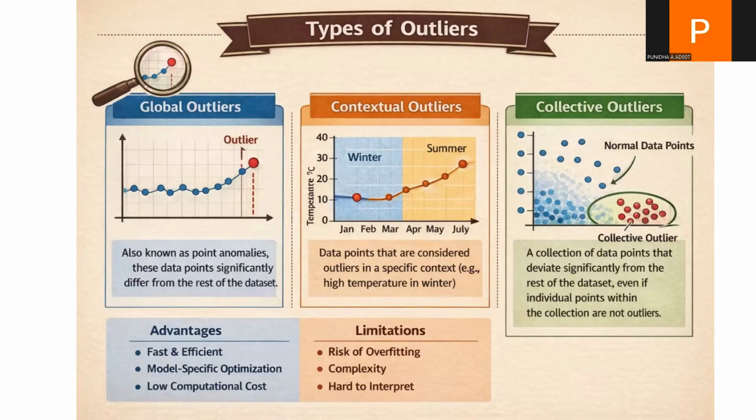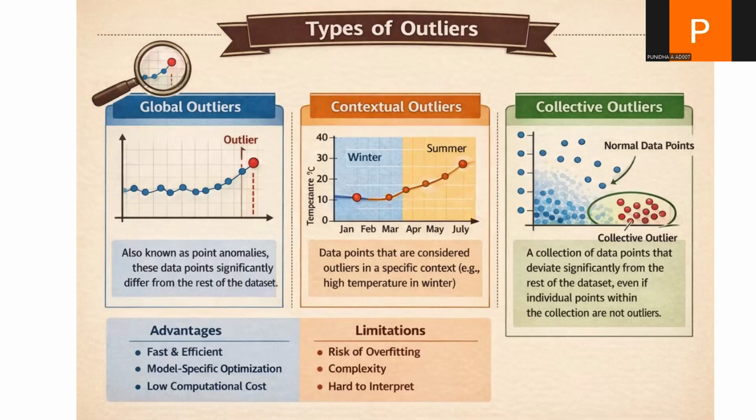Types of outliers. Outliers can be classified into various types based on their characteristics: global outliers, contextual outliers, and collective outliers. Global outliers, also known as point anomalies, are data points that significantly differ from the rest of the dataset.